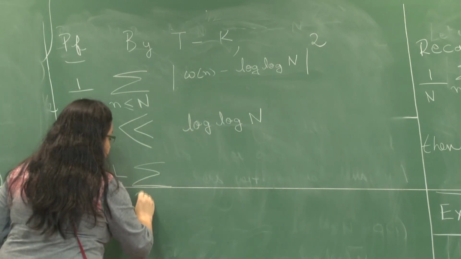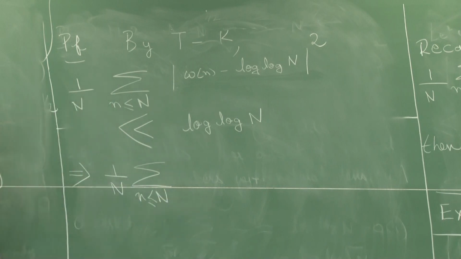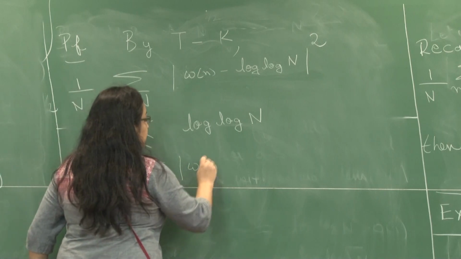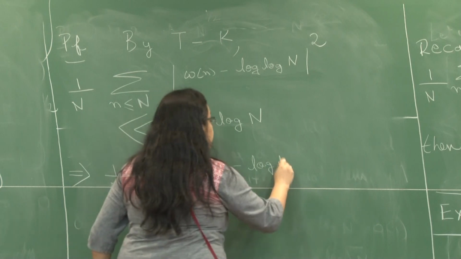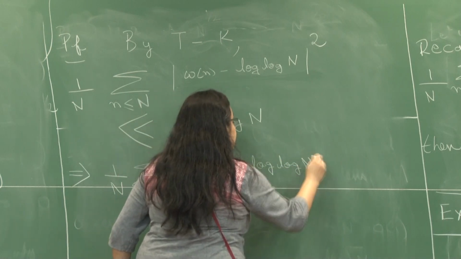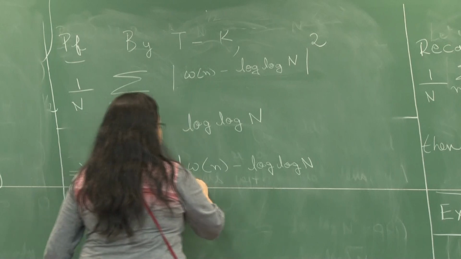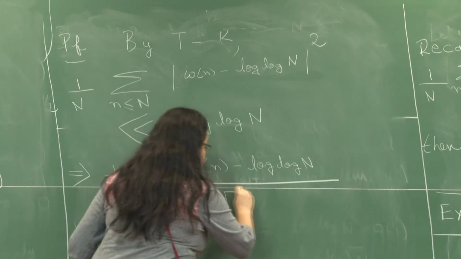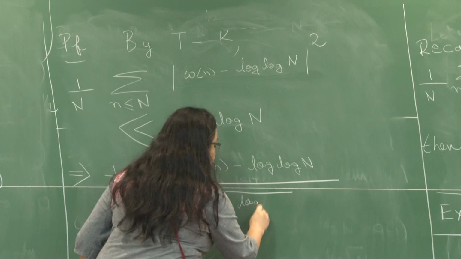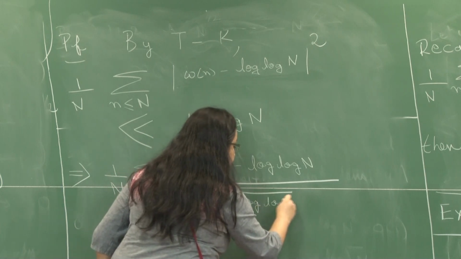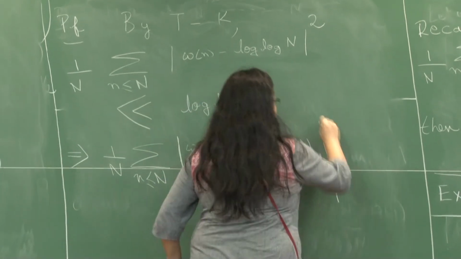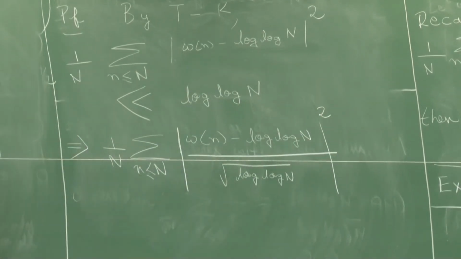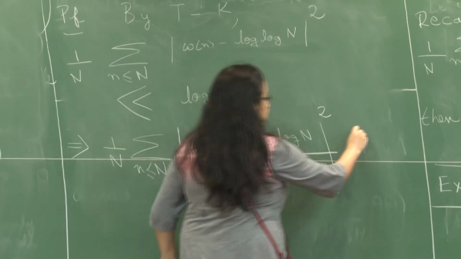So what we have is the summation of little n up to capital N of (omega of n minus log log n) over square root of log log n, whole square, is less than 1.